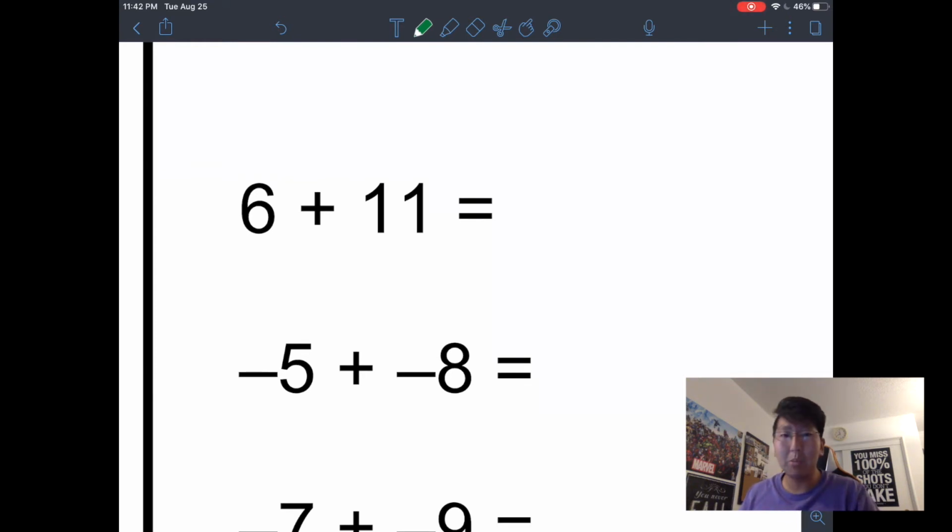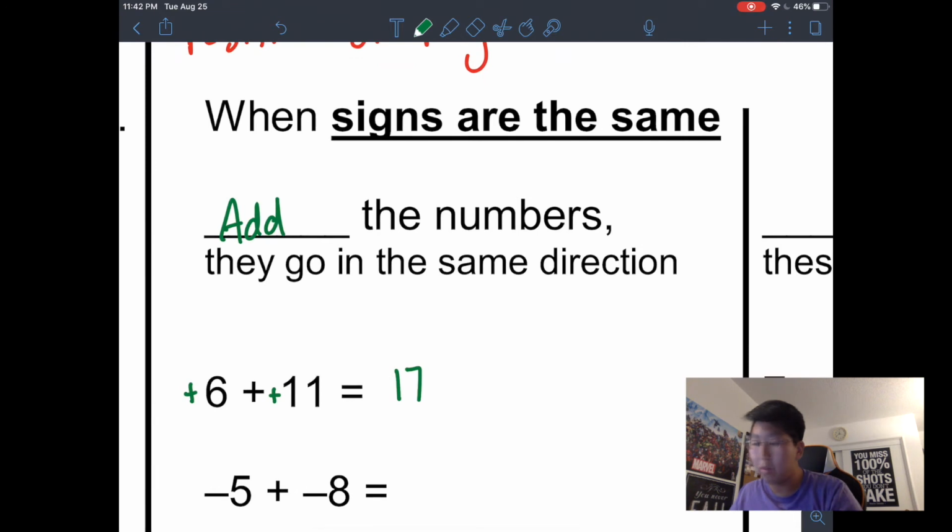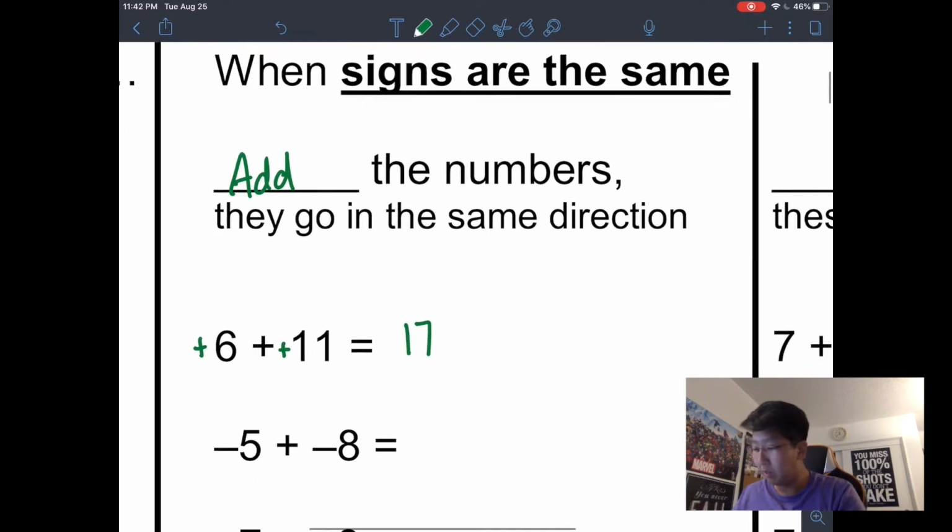So when we add 6 plus 11, we're going to add the numbers together, and we're going to recognize they are both positive numbers, so the answer is going to be a positive answer. So 6 plus 11 is 17, and it's going to be a positive 17. So when the signs are the same, we're going to add the numbers, and they're going in the same direction. So they're both going to the positive direction.